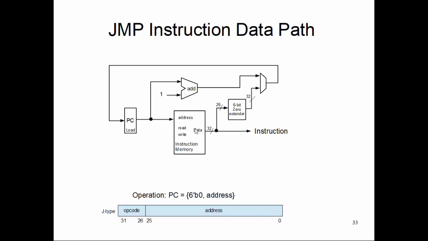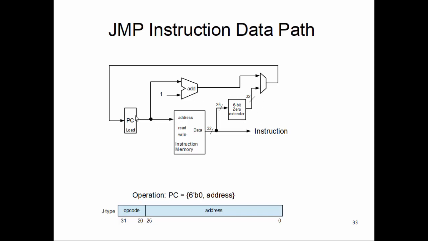But let's say for timing it is coming directly from the instruction memory, and this data is 32 bit. Out of that we are picking up the lower 26 bit and passing it through a 6 bit 0 extender to make it a 32 bit. So this is again a very simple circuit. Upper 6 bit, that line is grounded, that makes you a 32 bit address.